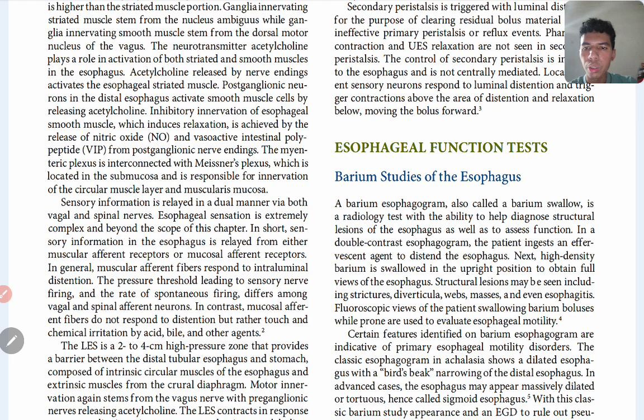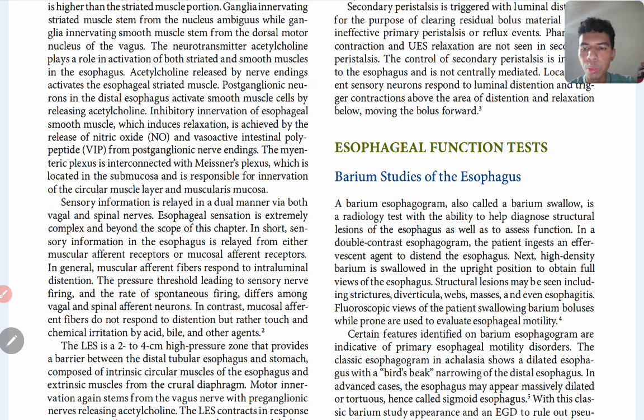Sensory information is relayed in a dual manner via both vagal and spinal nerves. Esophageal sensation is extremely complex and beyond the scope of this chapter. In short, sensory information in the esophagus is relayed from either muscular afferent receptors or mucosal afferent receptors.